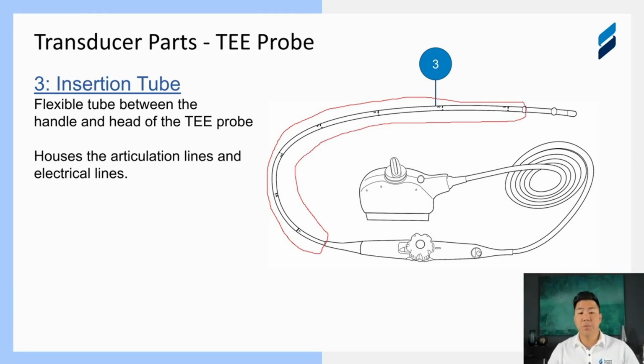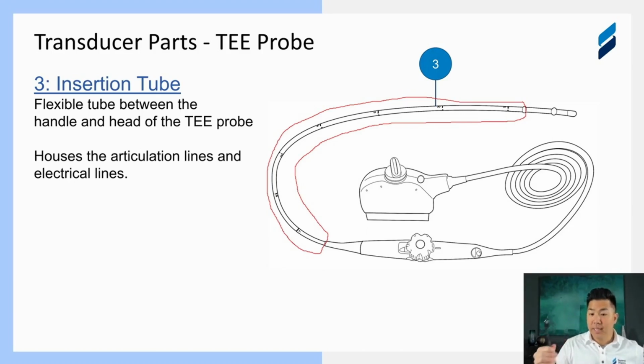It's on endoscopes as well, but the insertion tube is the tube of the TEE probe that gives the probe the length and flexibility to go down the esophagus to get an image of a patient. Things to watch out for here: it houses all of the mechanical lines that allow this transducer to move.